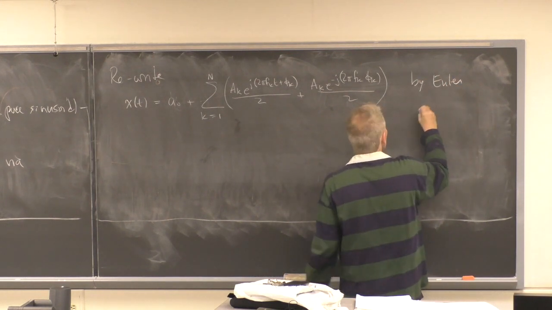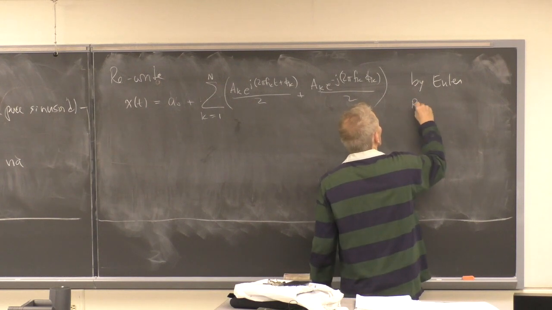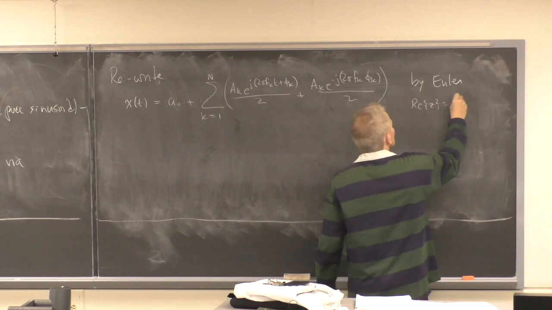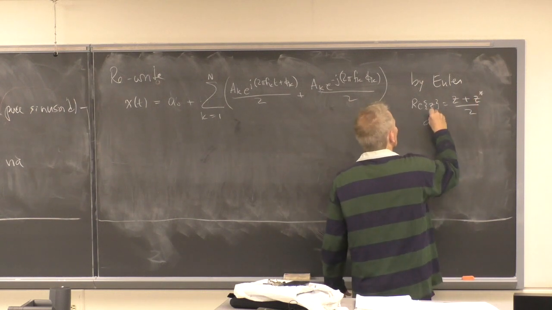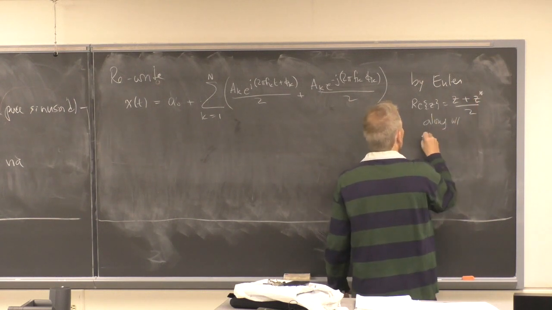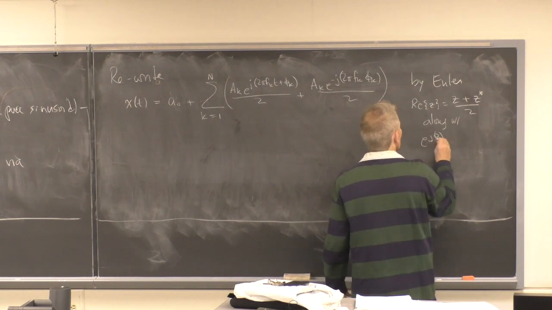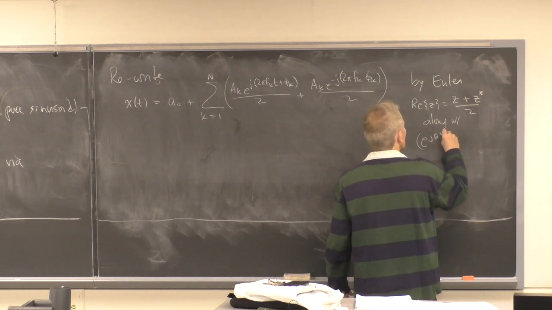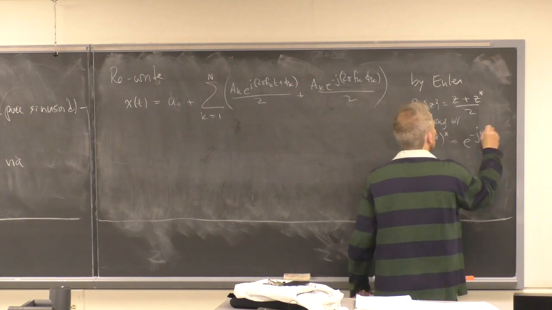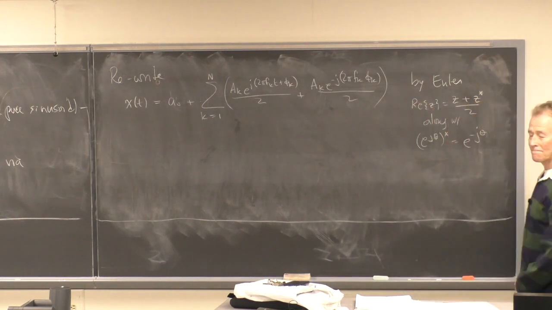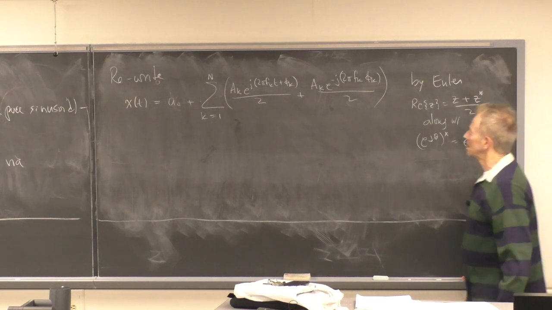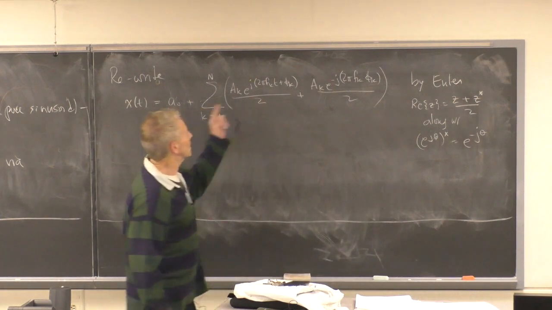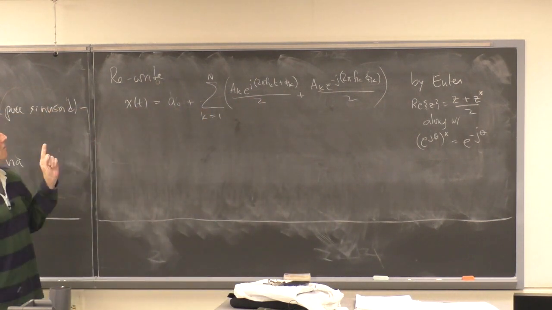And specifically, it's the whole thing, real part of z equals z plus z conjugate over 2, along with e to the j theta conjugate equals e to the minus j theta. So that's step 1. Now, step 2 is you separate these into plus and minus fk terms.